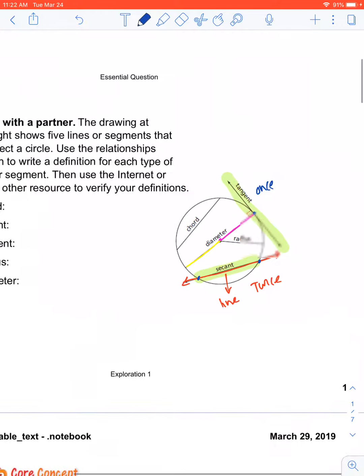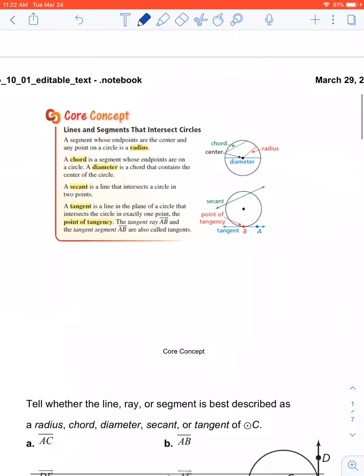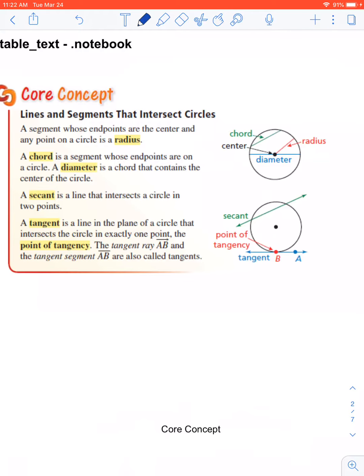So that was kind of a drawing approach. Here is everything that you need to know in written form from your notes. A segment whose endpoints are the center and any point on the circle is your radius. A chord has endpoints on the circle, and a diameter is a special type of chord that contains the center.